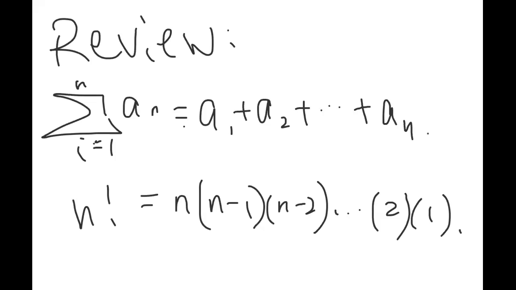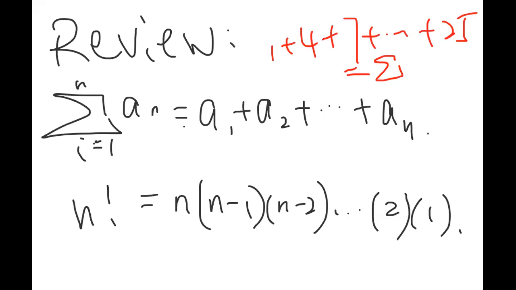So for example, 1 plus 4 plus 7 plus all the way to 25. To write it in sigma notation, first, 1, 4, 7 all the way to 25, how many numbers are there?